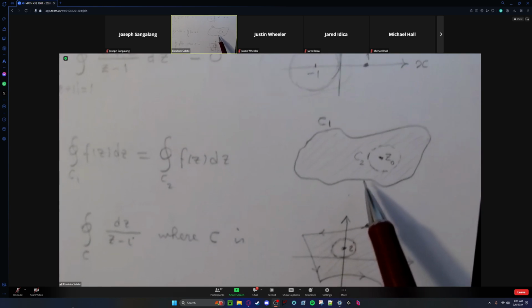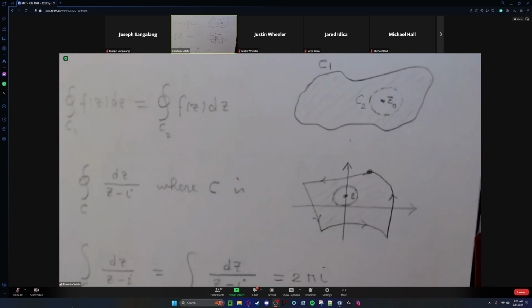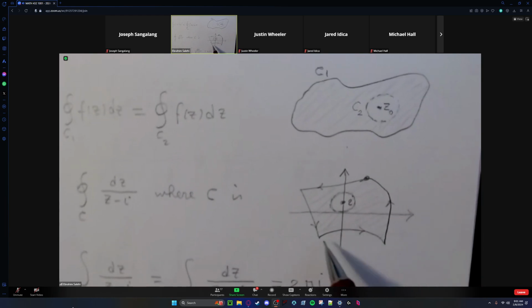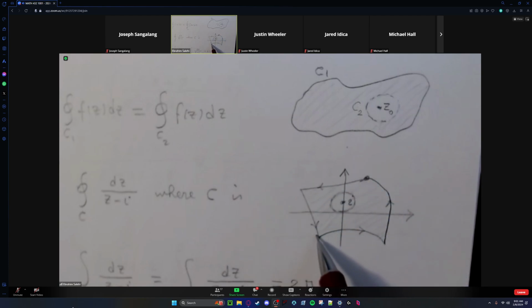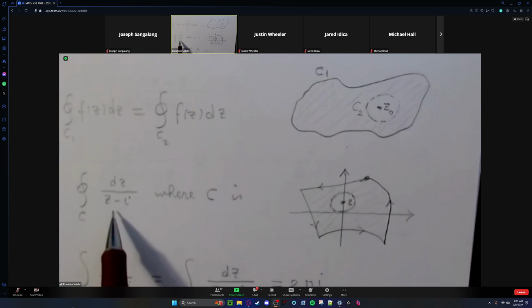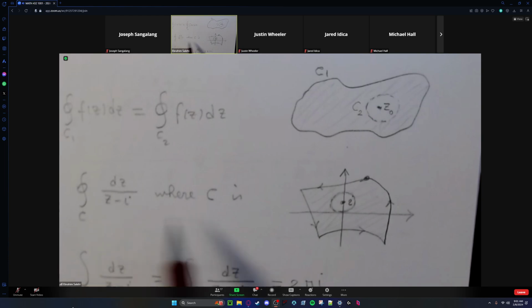Here is how. I want to integrate over this curve. It is a closed curve. What is the function that I'm integrating? This is the function. The bad point is inside.